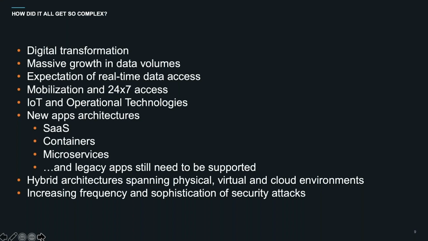Many organizations are adopting SaaS products, particularly in line of business units. And at the corporate level, many are changing their application architectures to use things like containerization and microservices to enable these applications to scale very rapidly across more than one platform.